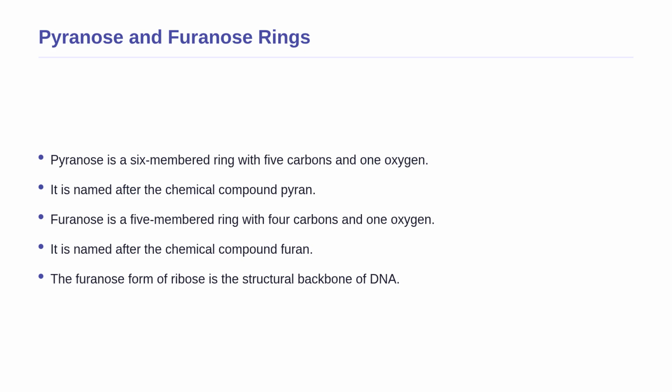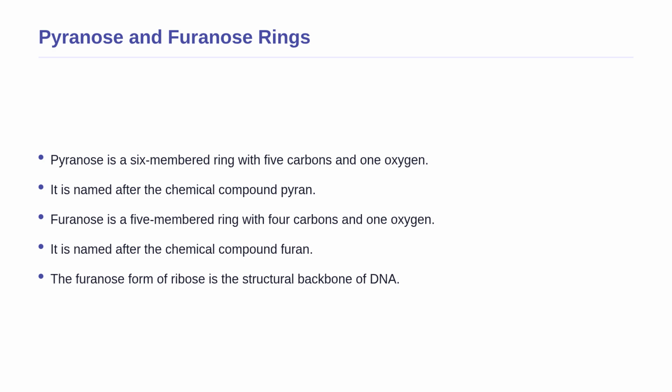Now that we know sugars form rings, let us look at the specific shapes they take. Depending on how the sugar folds, it can form either a six-sided ring or a five-sided ring. A pyranose is a six-membered ring structure consisting of 5 carbon atoms and 1 oxygen atom, named after the chemical compound pyran.